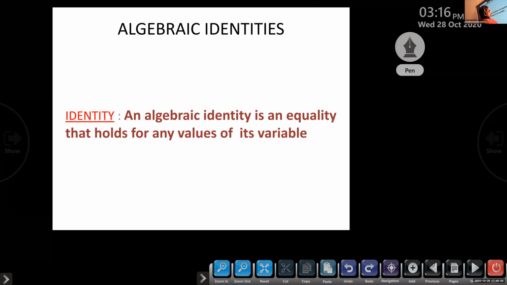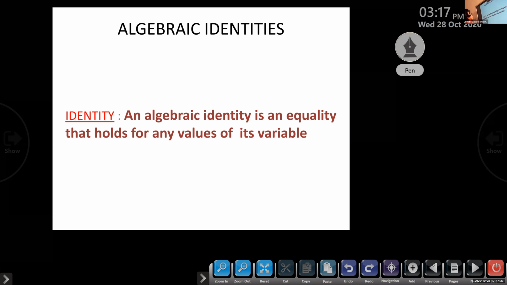Leah. A plus b the whole square is equal to a square plus 2ab plus b square. Dion. A plus b the whole square is equal to a square plus 2ab plus b square.